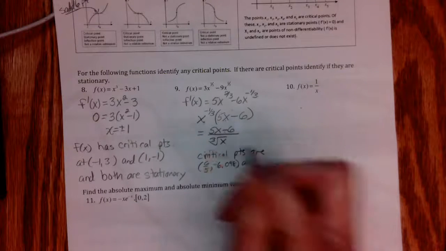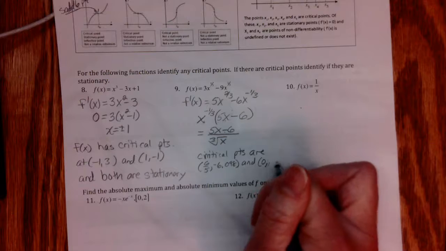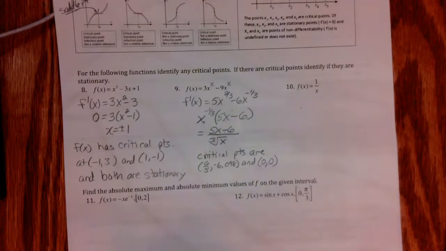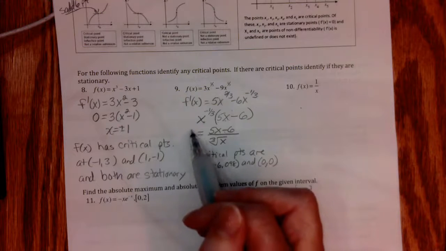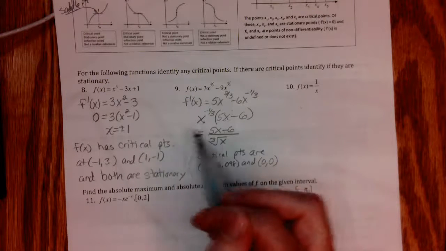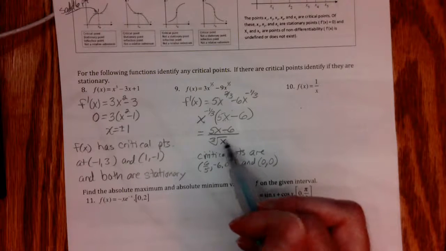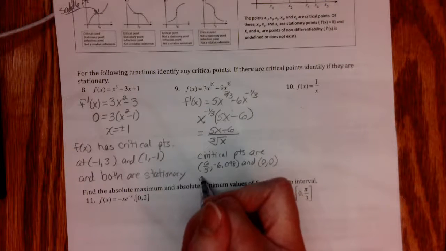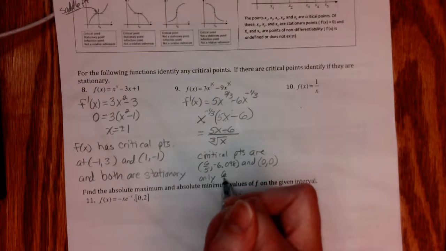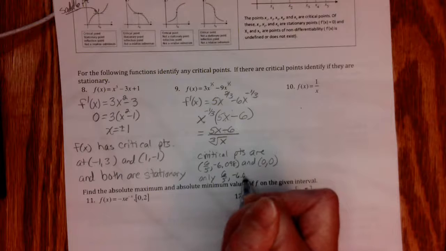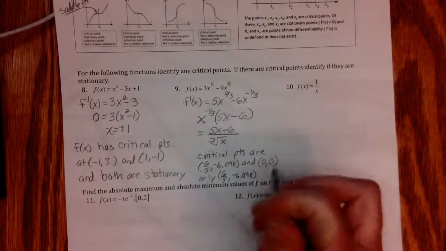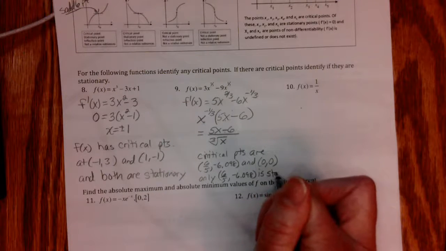And the denominator going to 0 is critical. And then who is stationary? Well, I'm not going to set this equal to 0 because this equals 0, but this technically is undefined. So only 6/5 is considered stationary.